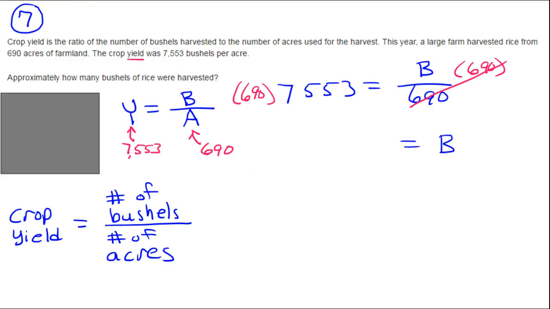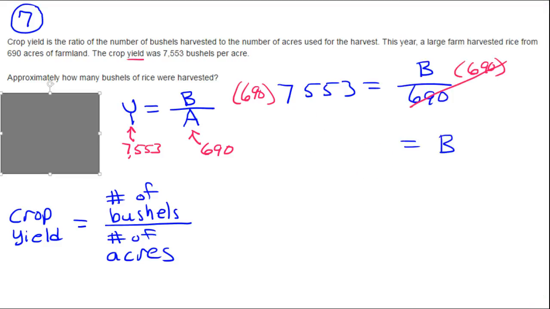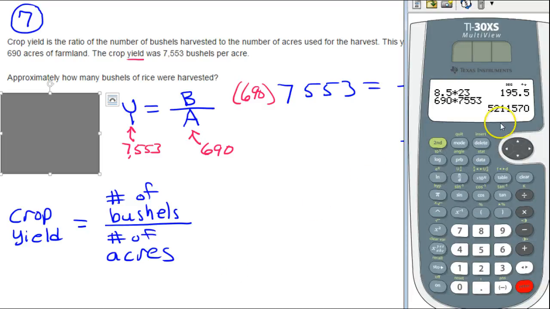So whatever this is, 690 times 7,553. Wow, I did not get a chance to write that down. So let's see, what do I have here? 5,212,570.